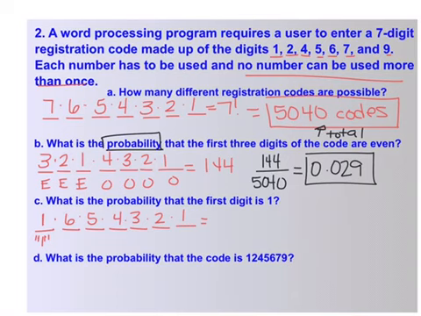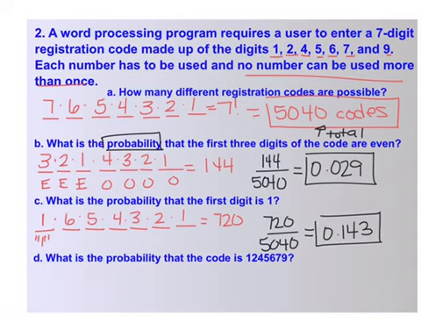Plug that into your calculator and you get 720 different ways to make a code where the first digit is 1. And since we're looking for probability, again we do the things that we want, the first digit being 1, divided by the total different codes we have. When I plug that in, I get 0.143.